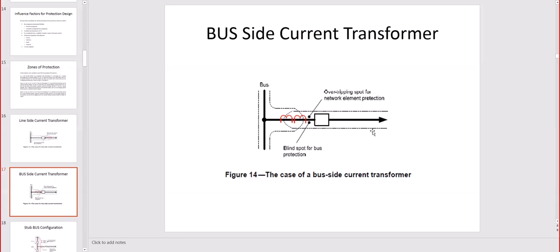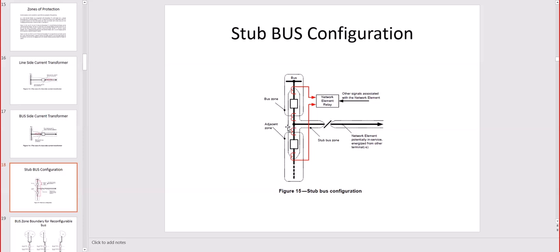The load will see that short even though it's not on the load side of the breaker, because we positioned the CTs wrongly. Normally these CTs should be positioned one on each side of the breaker. This is the correct positioning of the CTs, up and down or left and right on each side.